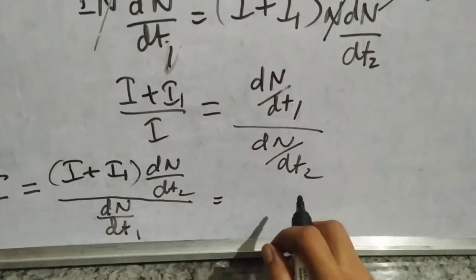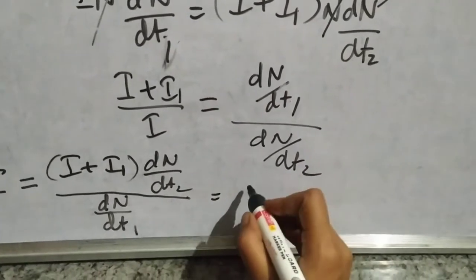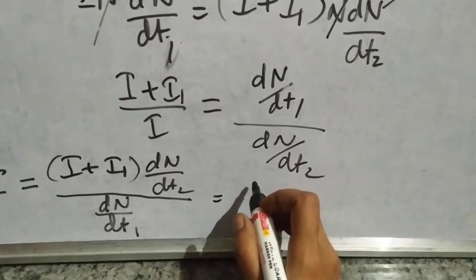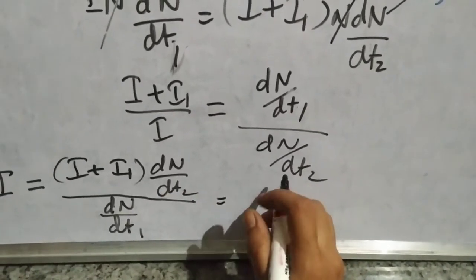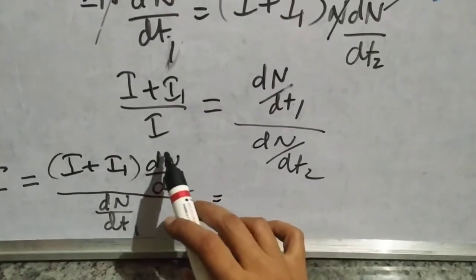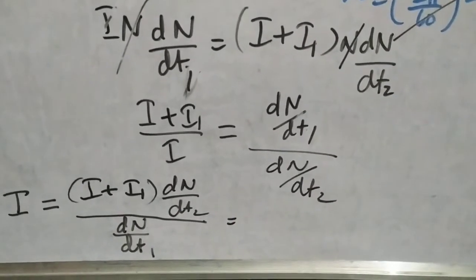See what you will get here. You will get I plus I1, or you can take it as I into this term, what is there here, dn by dt, right?